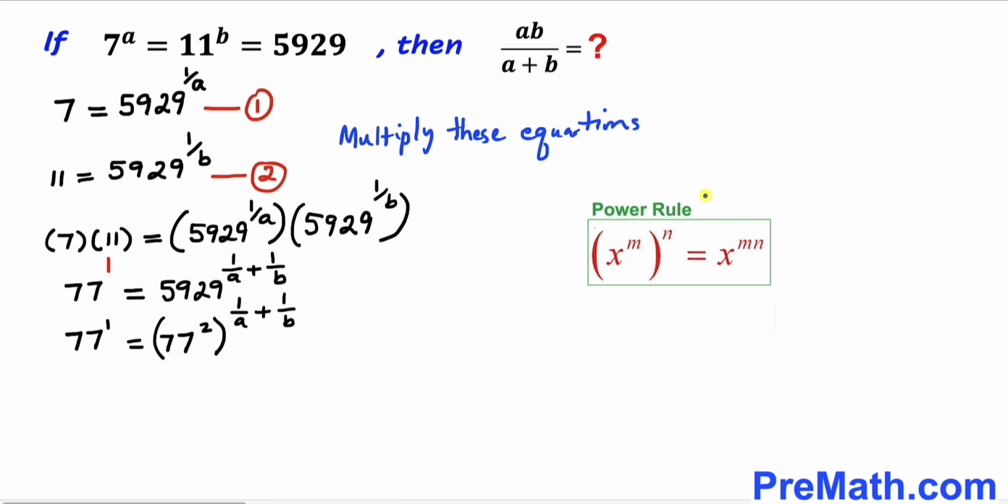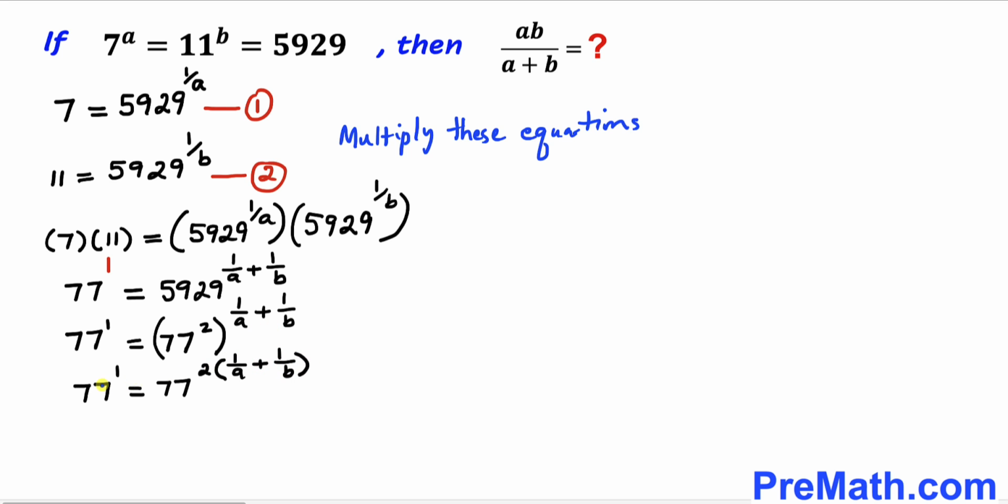And now let's recall this power rule of exponents once again. X power m and then power n could be written as x power m times n. We are going to apply this rule on the right hand side of this equation. Our nested exponents are 2 and 1 divided by a plus 1 divided by b. So therefore we can write 77 power 1 equal to 77 power 2 times 1 divided by a plus 1 divided by b.